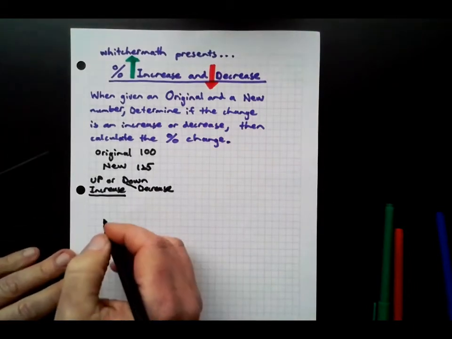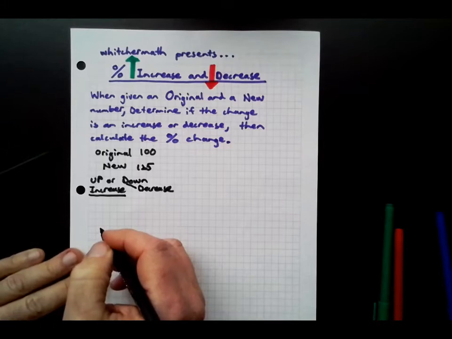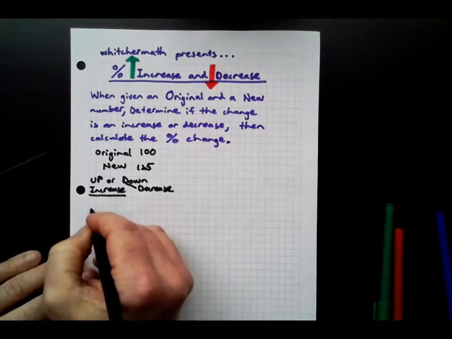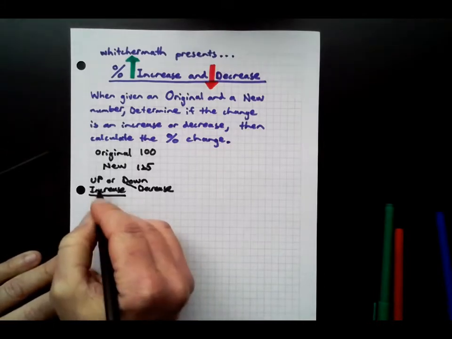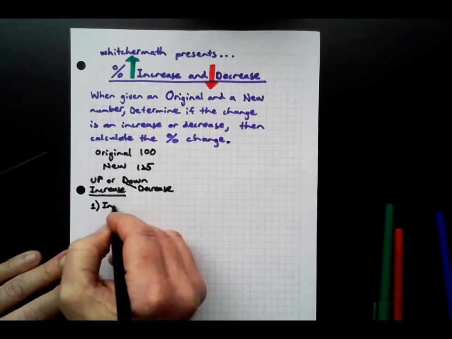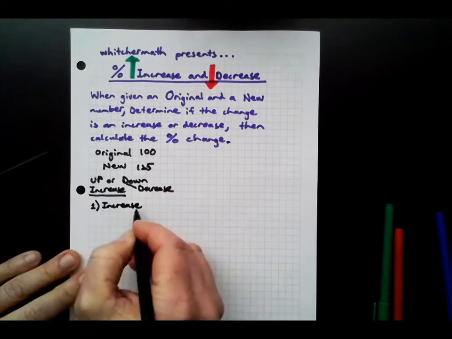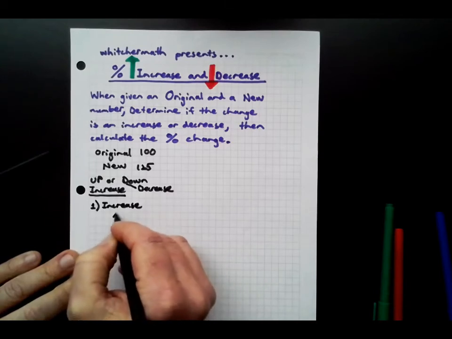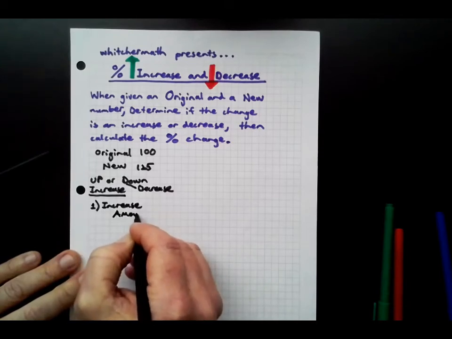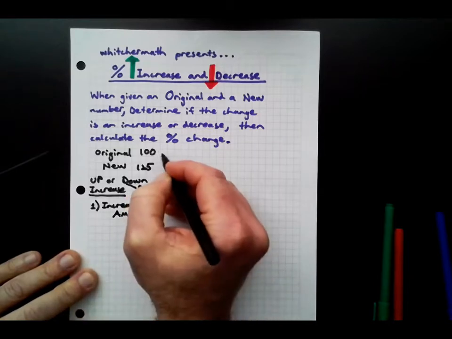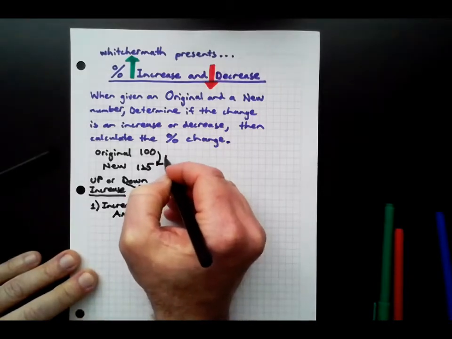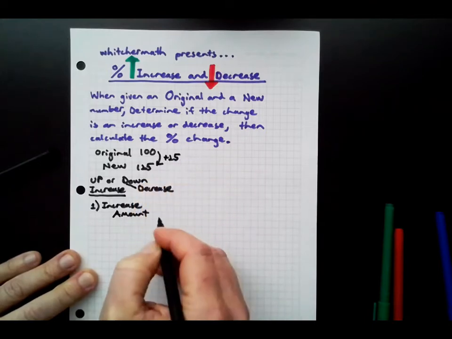Then here are some steps for you to follow. Step 1, we determined that it increased. Then we want the amount. So we'll increase or decrease and figure out the amount of the increase. In this case, it went up by 25.